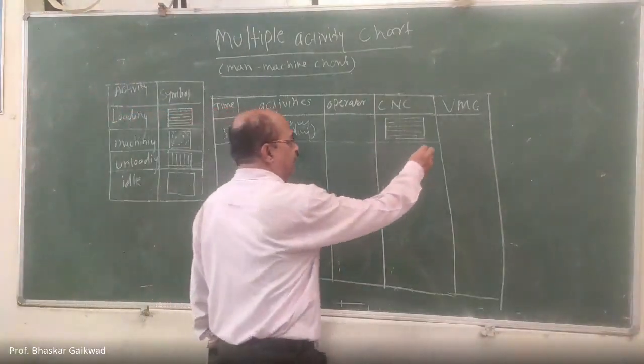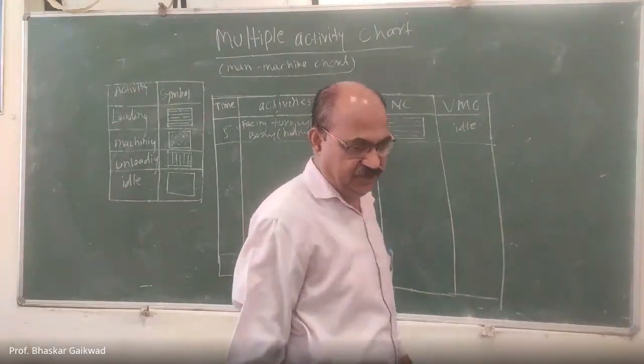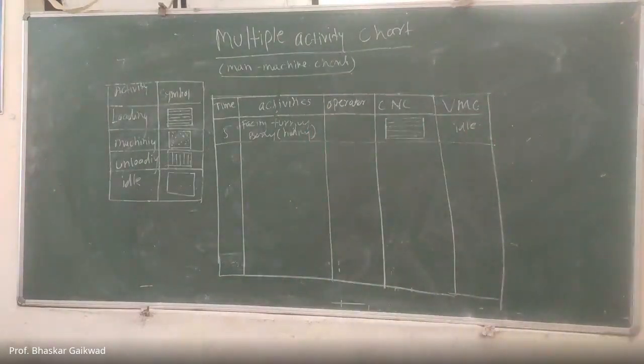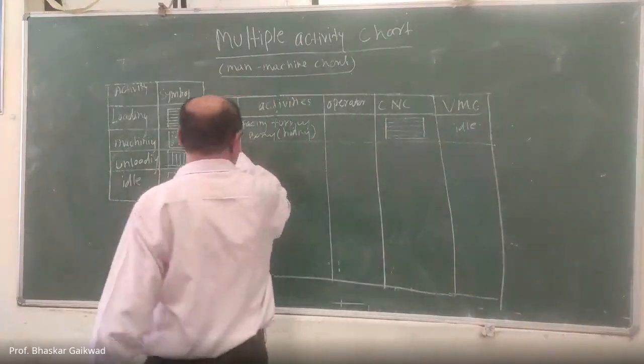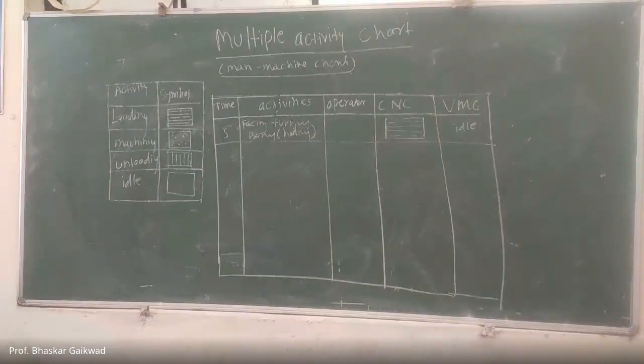So at this time, this is the idle. The VMC will remain idle, and the corresponding time is here. When we are loading our job on the CNC machine, the VMC remains idle. The operator is doing only that work. Correct.